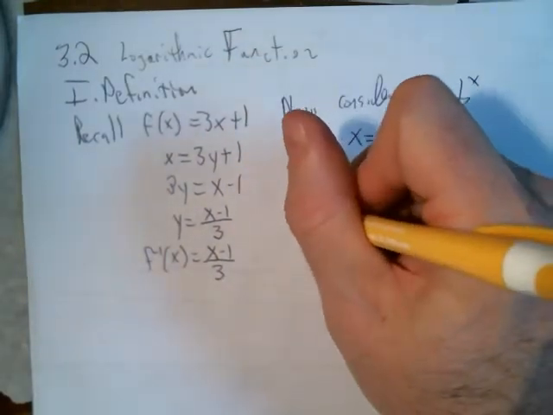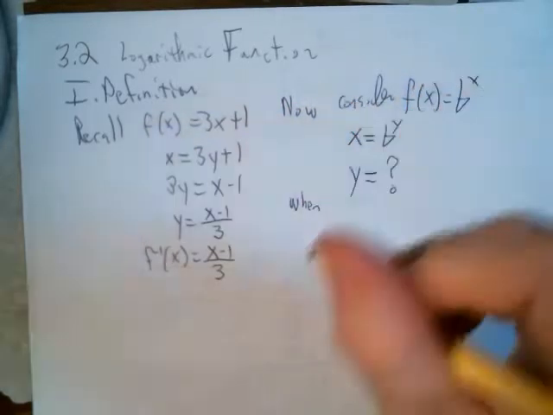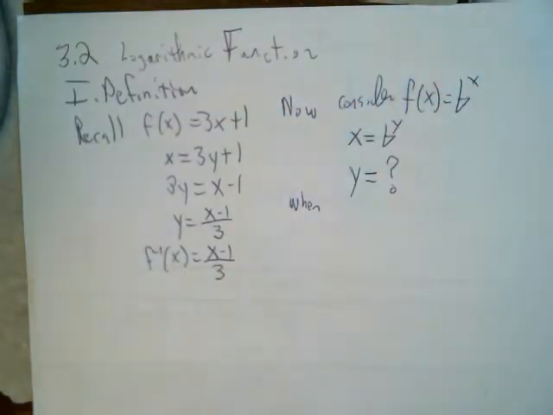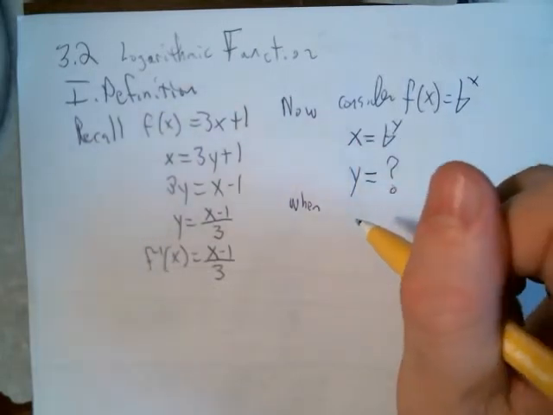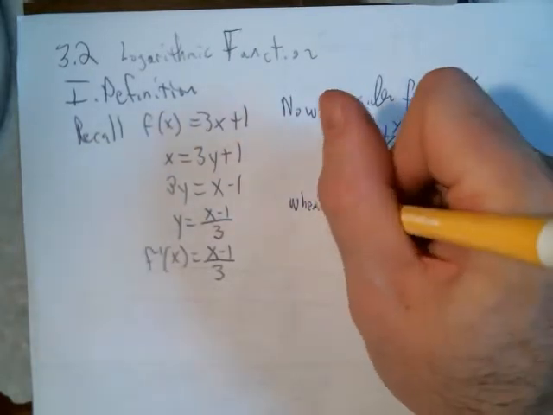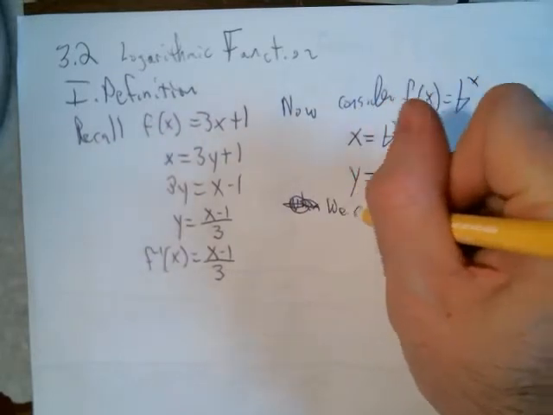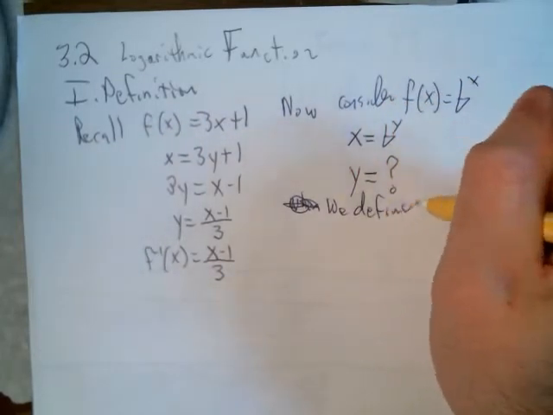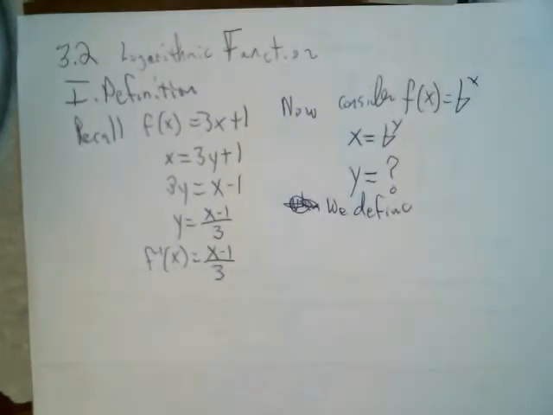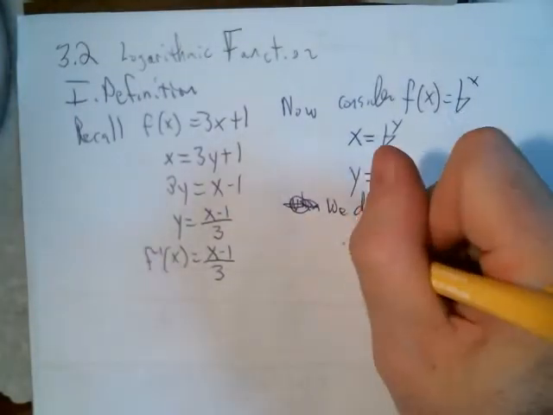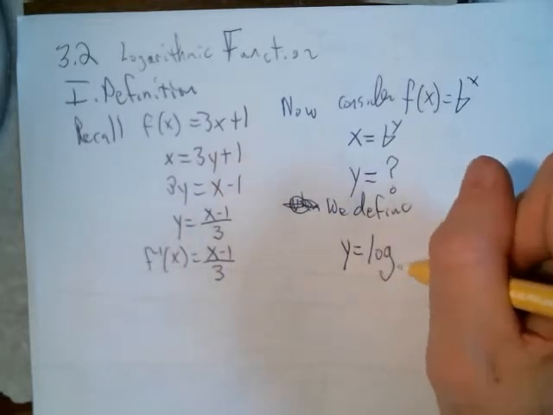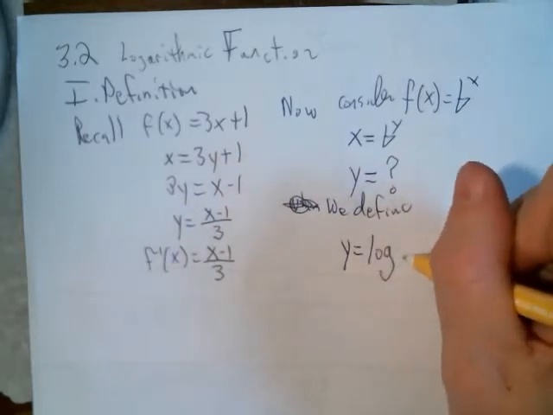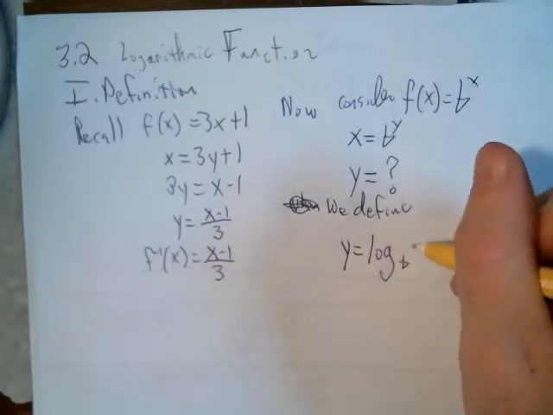So at the end of the day, what we're just going to do is define the thing. It's kind of like when we define radical negative 1 to be i. It's the same sort of idea. So now we're going to define y to be this logarithm thing. So we'll say y is equal to log base b of x.